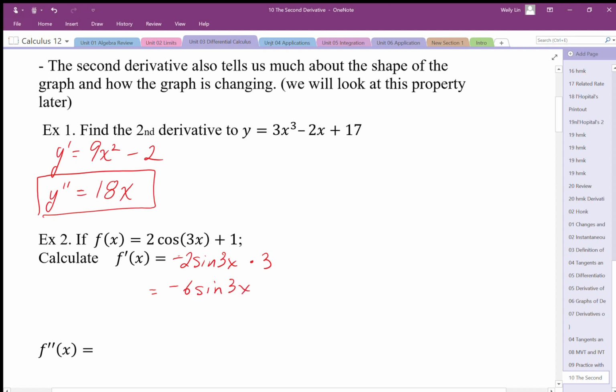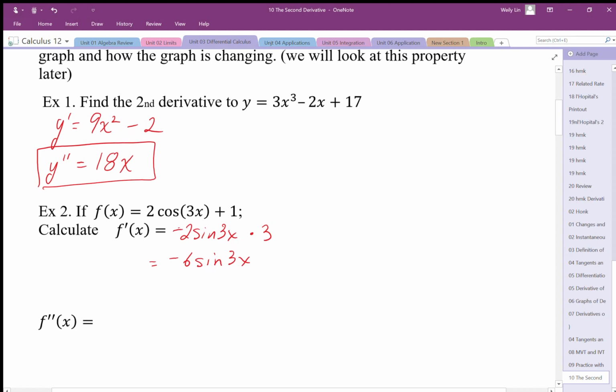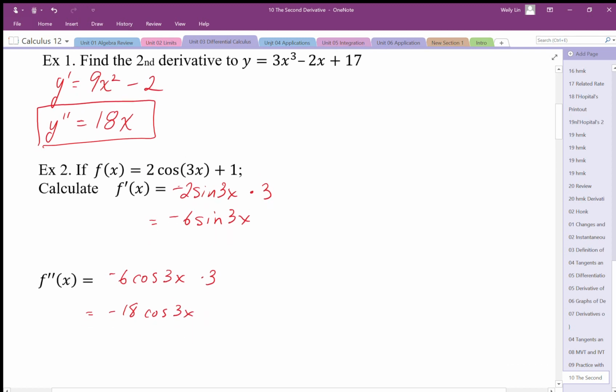Then to apply the second derivative, we just differentiate that again. So I just differentiate sine into cosine. And then I need to make sure that I apply the chain rule because of the extra 3. And so I get negative 18 cosine of 3x. Okay, so that represents my second derivative function.